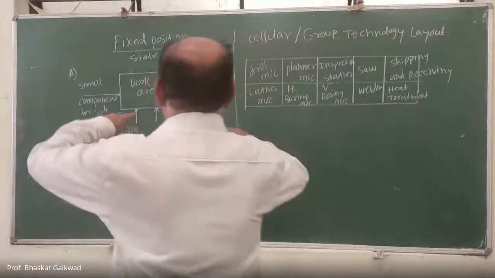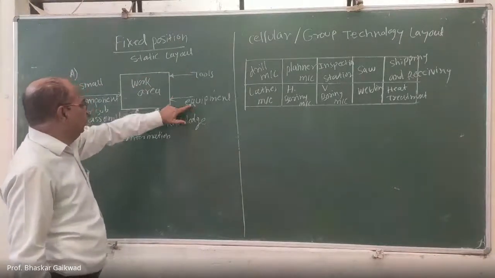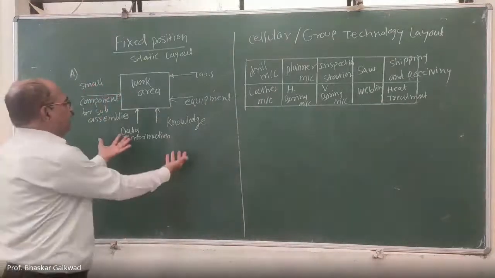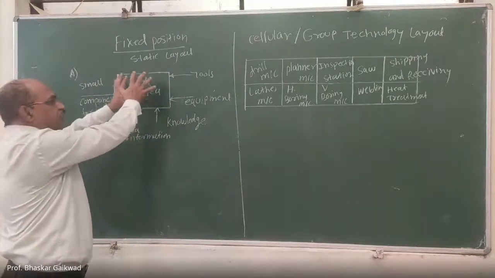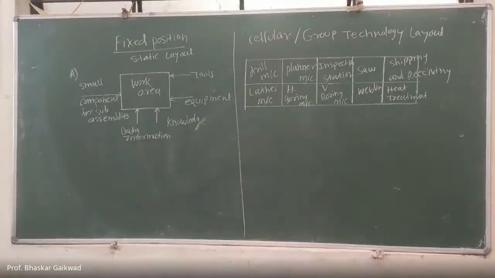Here this is the working area, with the tools, machines and equipment like this, subcomponents, data information and assembly. This layout is normally used in our defense services, big shipbuilding, and railway coaches, because it is too difficult to move these parts from one place to the next.